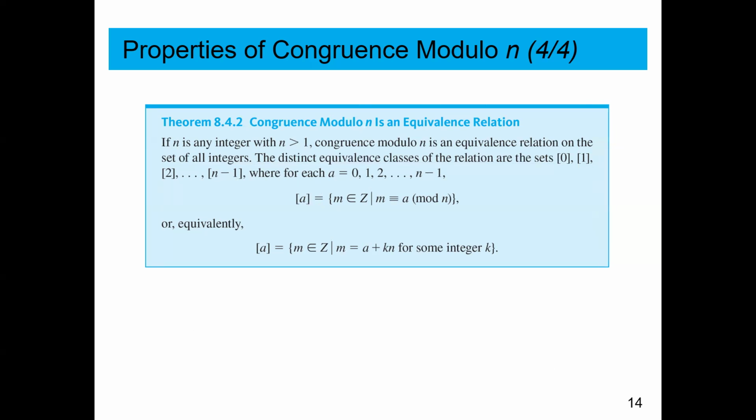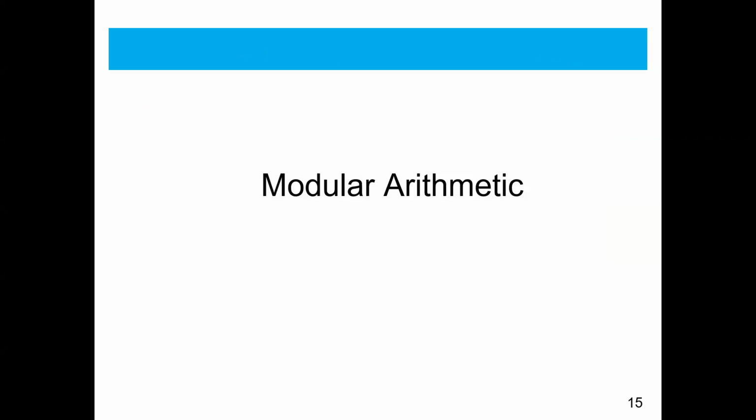So modular arithmetic, again, and by the way, please do not use the Python or C way of writing modular arithmetic where you use a percent. We're not doing that. We're actually doing modular arithmetic, and I expect you to use the mathematical notation. So let's talk a little bit more about modular arithmetic.